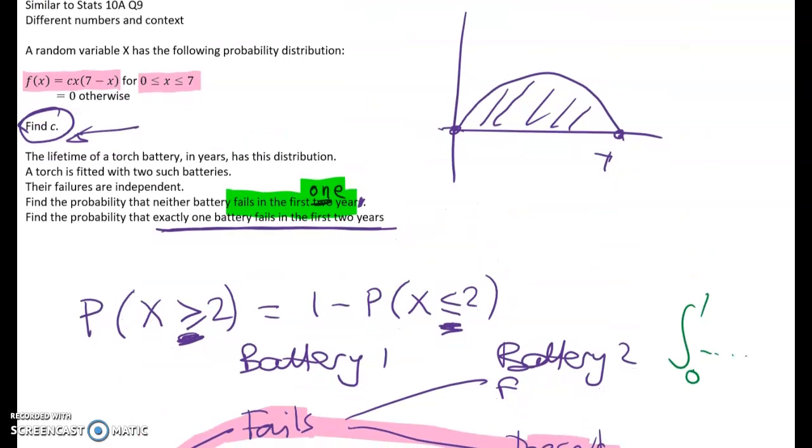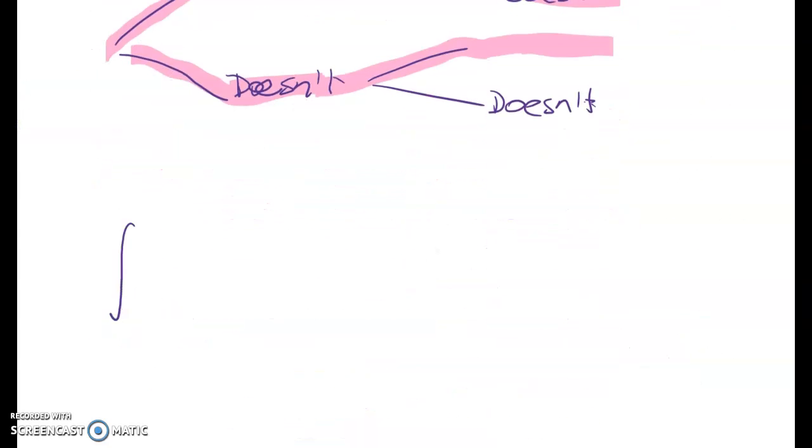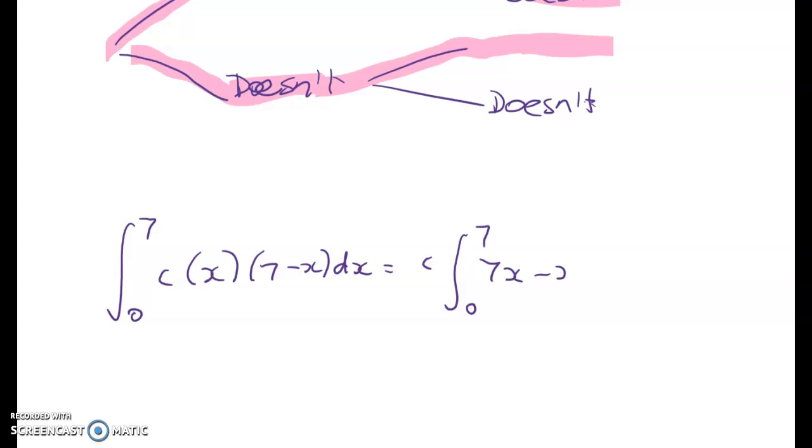Okay, so the first thing we've got to do is find this value of C up here. Well, we know that the area under the curve is given by this. We can pull the C out the front, and I'm going to expand these brackets. So I've got 7x minus x squared dx.